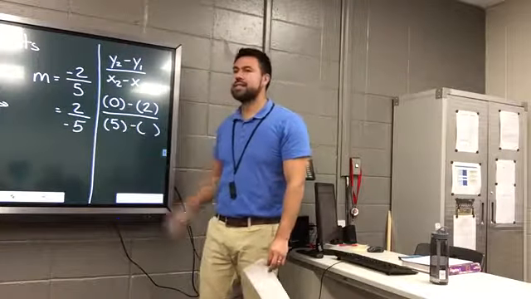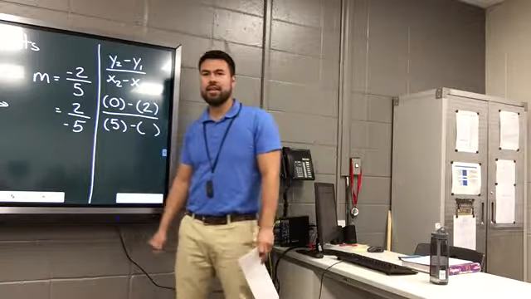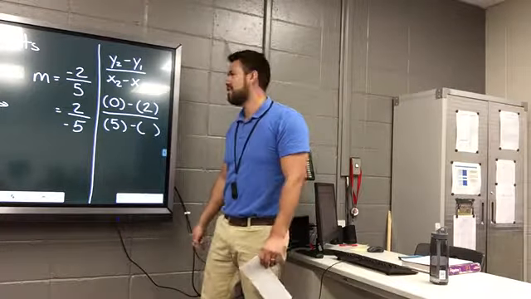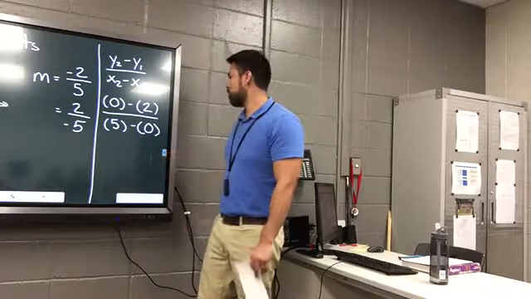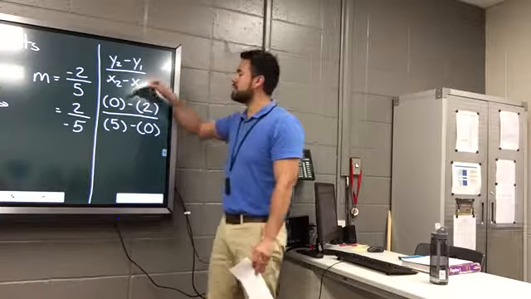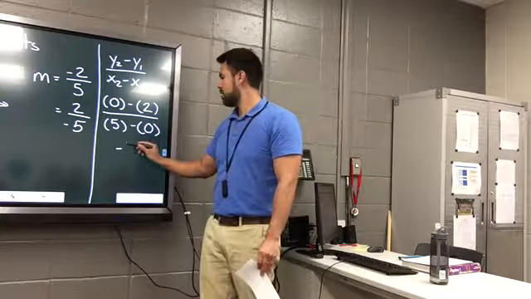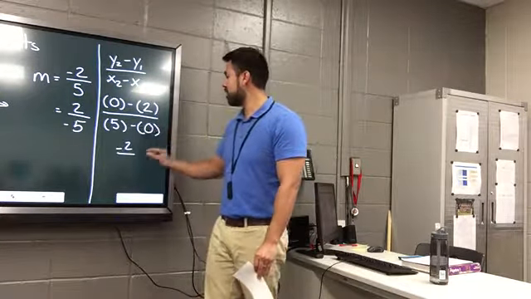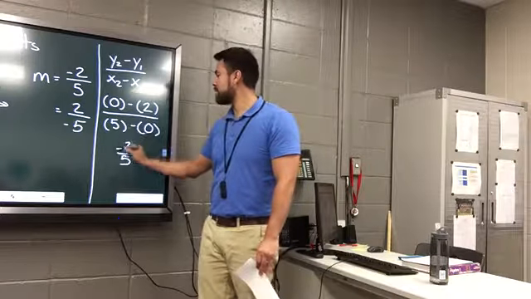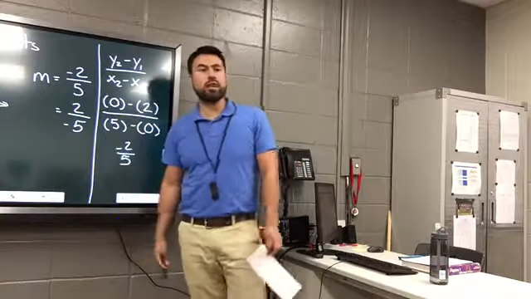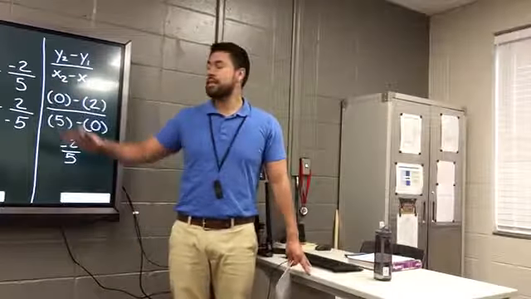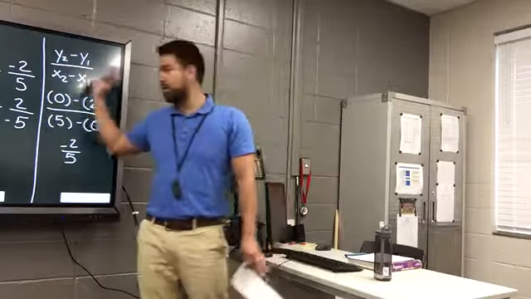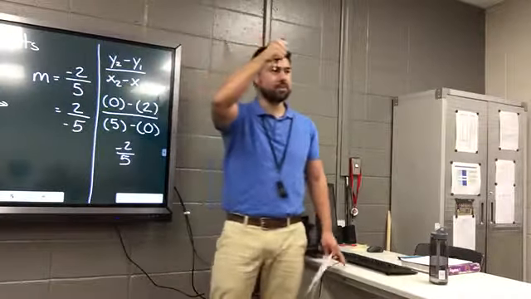And then what's x sub 1, Mandy? 0. All right, which hopefully makes easy math. What's 0 minus 2? Negative 2. What's 5 minus 0? And did we get the same slope as we did using the rise over run? Yes. This is review. This is basically last week. If you could do all this, you're good up to this point.